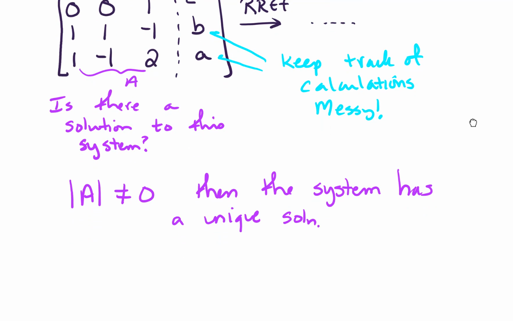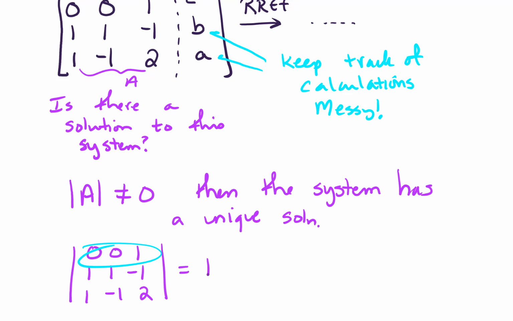So, quick inspection, we can look at this matrix. And if we expand on the top row, we can see that the determinant would be 1 times a negative 1 to the first row plus third column power, times the little 2 by 2 obtained when we delete the first row and third column.